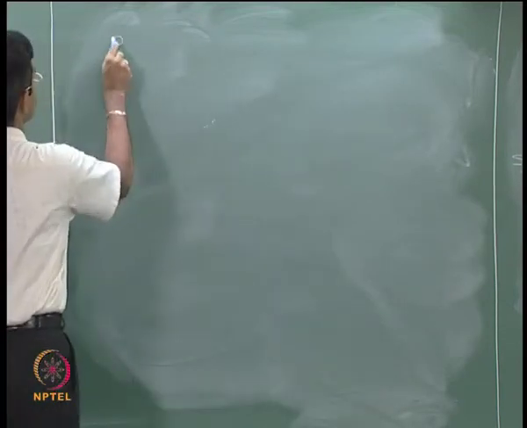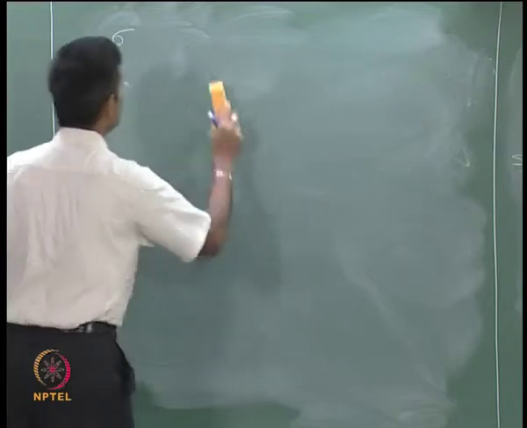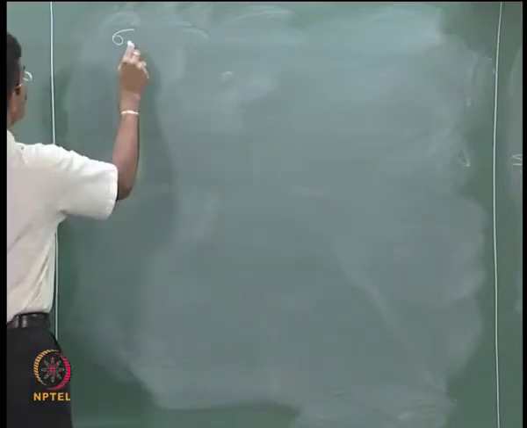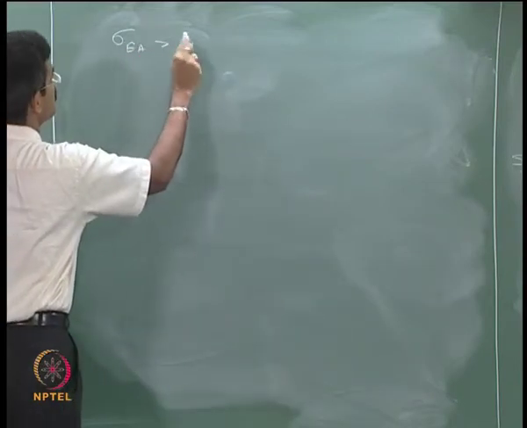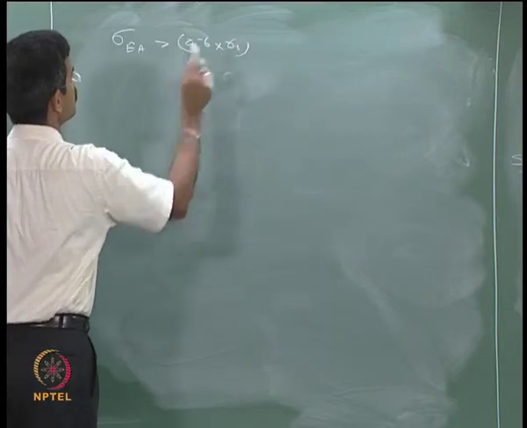So naturally sigma Ea is greater than 0.6 of sigma naught.